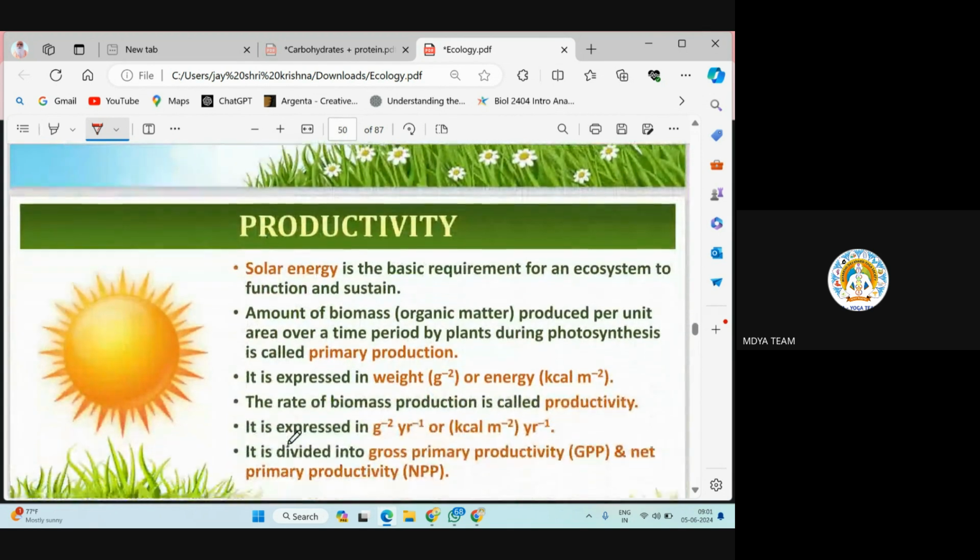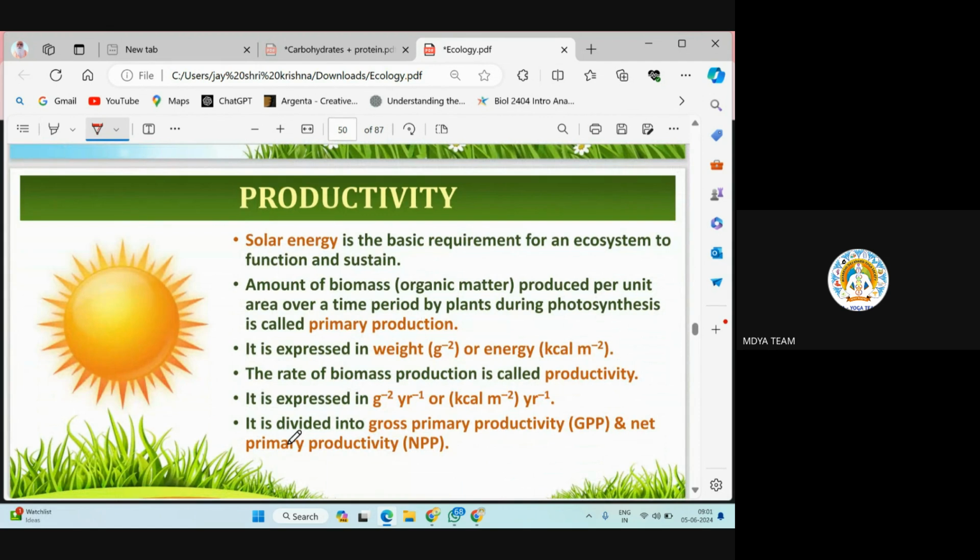Next, what is productivity? Productivity is plants producing biomass or food with the help of sunlight. Biomass can be any fruit, or their own body, produced per unit area per unit time period by plants during photosynthesis, and it is known as primary production.